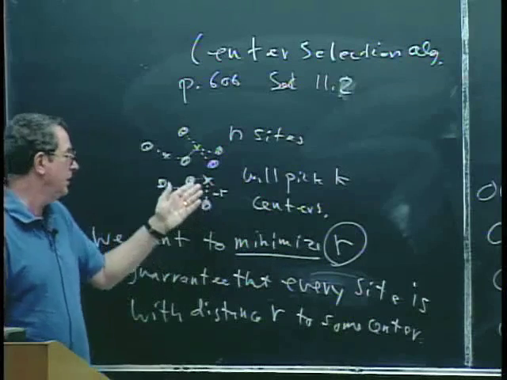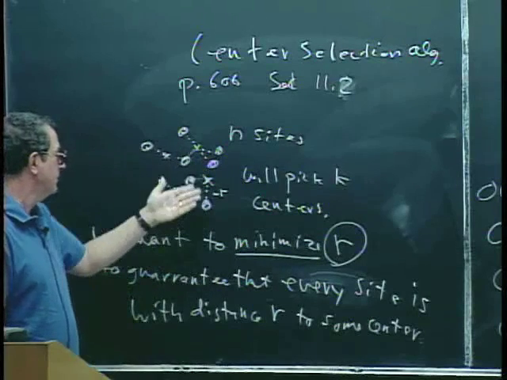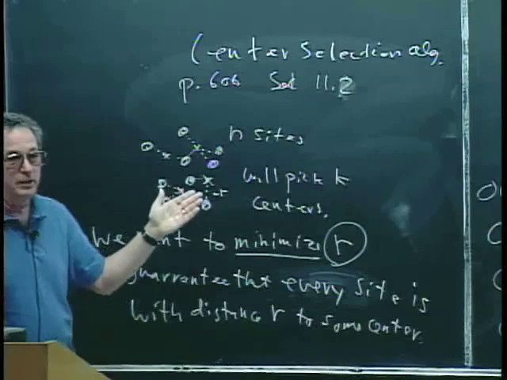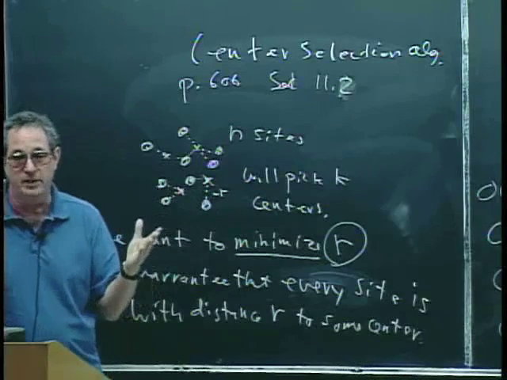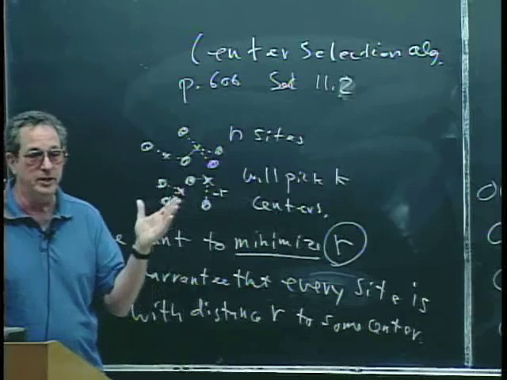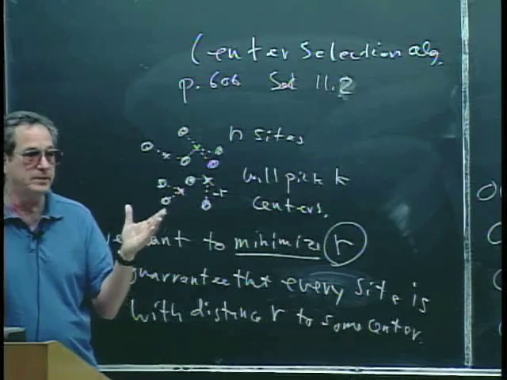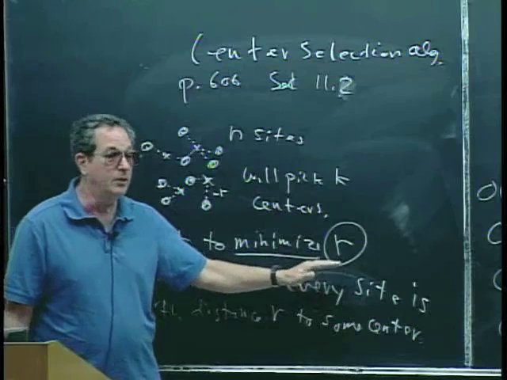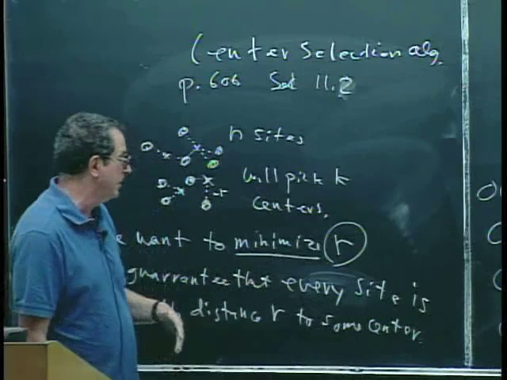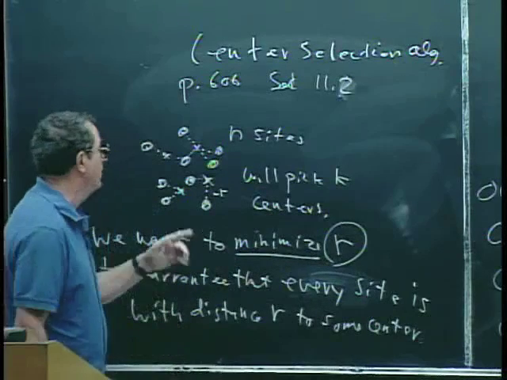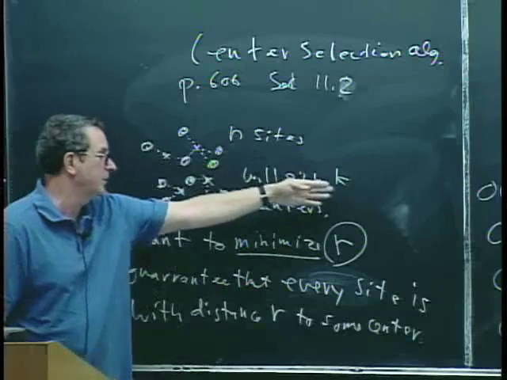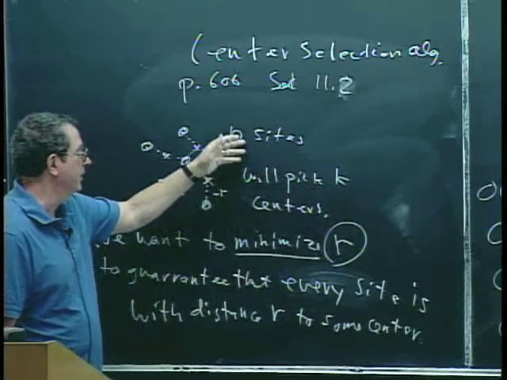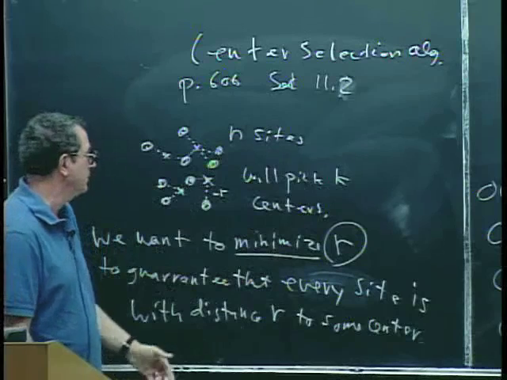So there's an infinite number of ways that you can place down X here. And so it's not even clear that you could think of an algorithm that runs in finite time that's guaranteed to give you the minimum R, let alone an algorithm whose time is bounded by a polynomial in N, and let's say we'll throw in K as well. So a polynomial function of N and K, essentially the input size.